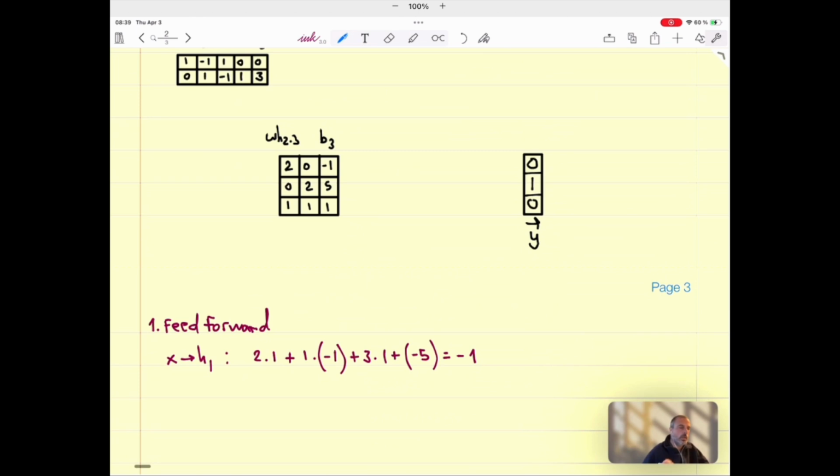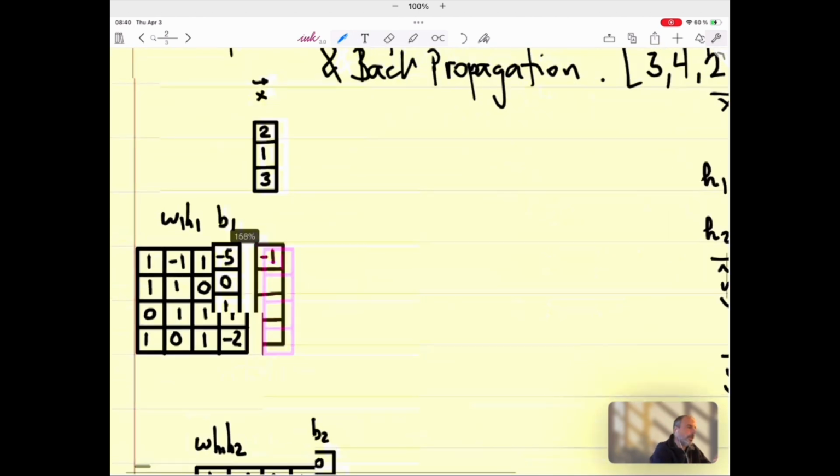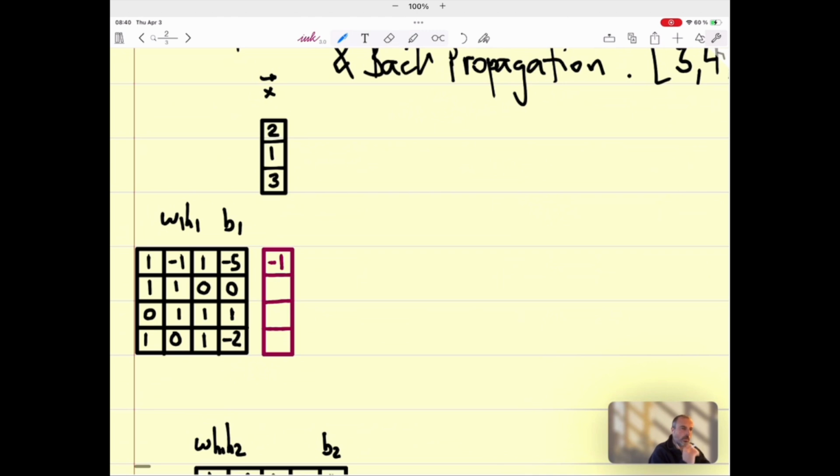Second is 2 times 1 again, plus 1 times 1 plus 3 times 1 plus 1 equal 5. So 2 times 1, 1 times 1, 3 times 0 plus 0.